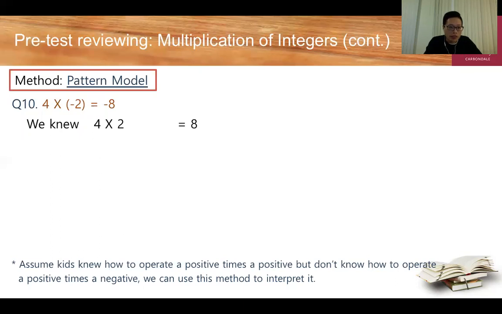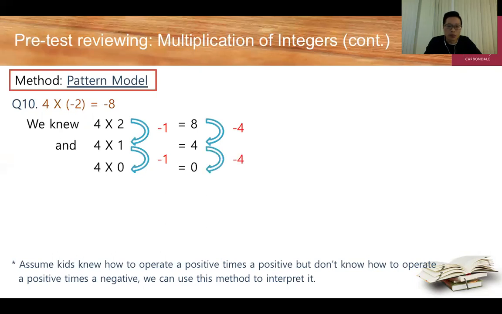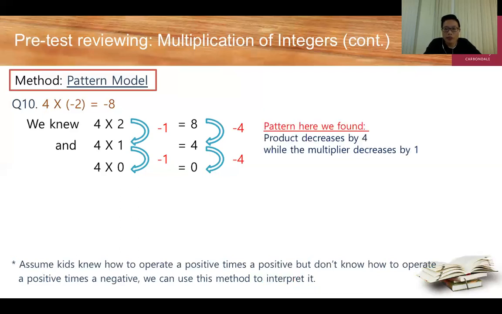So we know 4 times 2 is 8, and 4 times 1 is 4, and 4 times 0 is 0. And here we found a pattern: every time the multiplier decreases by 1, the product will decrease by 4, okay?